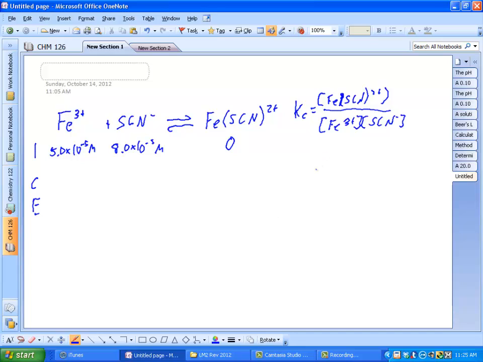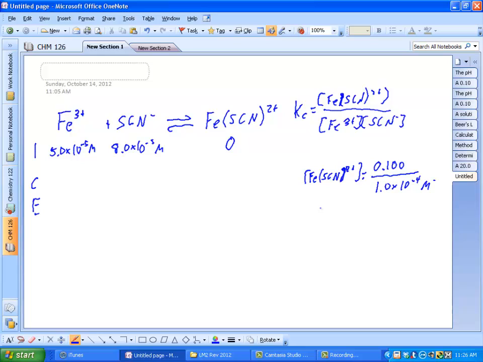Okay, so at equilibrium, the concentration of the complex is going to be equal to the absorbance, which was 0.1, and again you can go back and look at this, divided by the absorptivity, which is 1.0 times 10 to the negative 4th reciprocal molar.